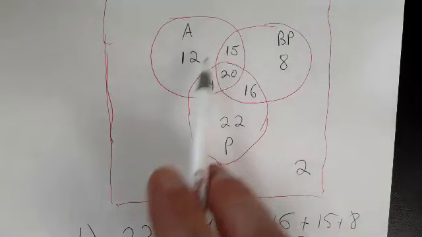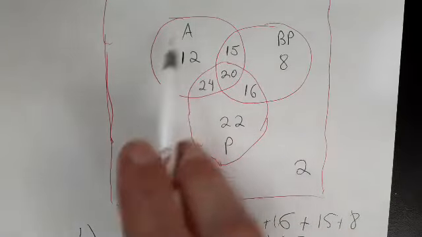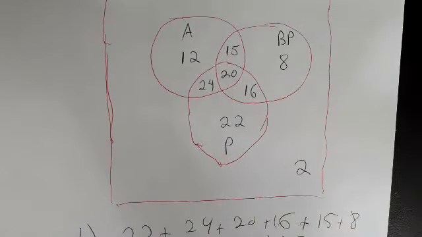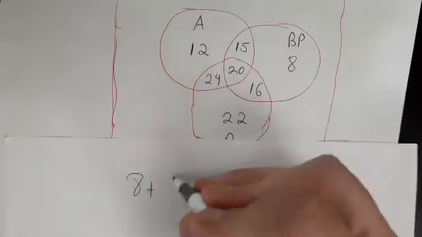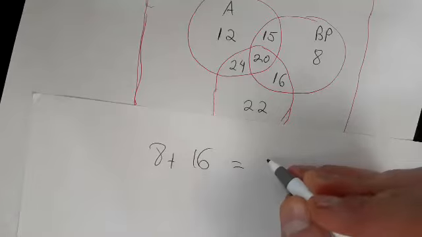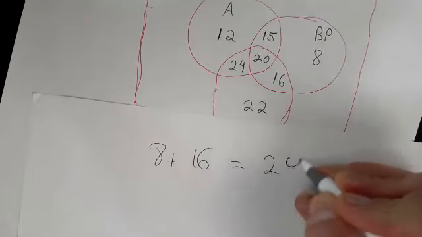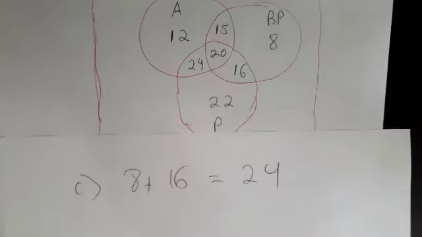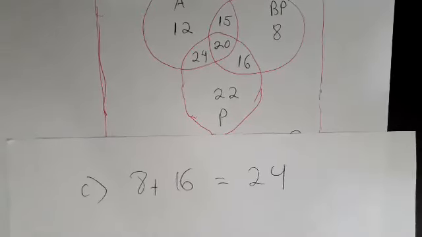So we're in blood pressure, but not in the A circle. So that should be the 8 and the 16. What is that, 24? 24, right? Can I do simple arithmetic now? I had that right. All right.